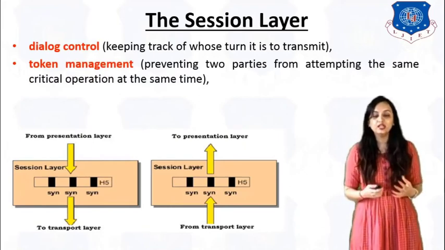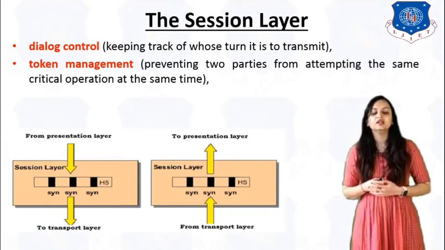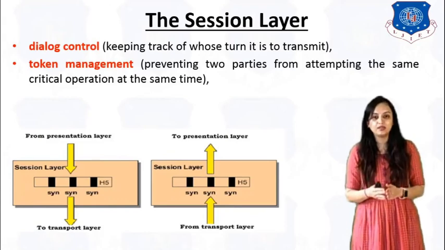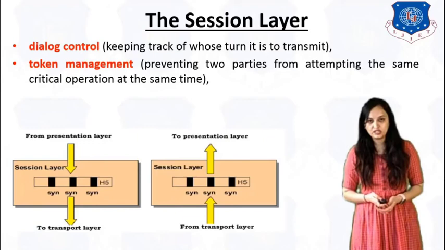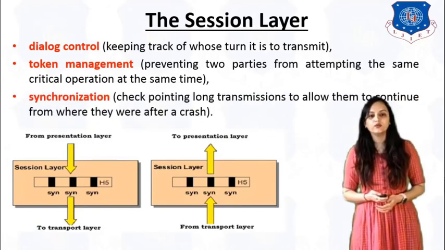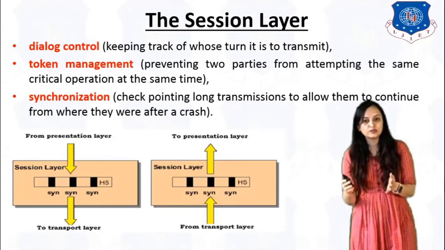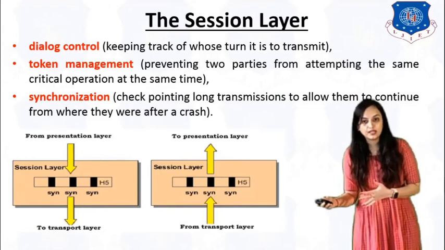That means preventing two parties from attempting the same critical operation at the same time. If some packets try to transmit the data at the same time, then a collision will occur. So to avoid that, token management is used. And the third one over here is synchronization. That means checkpointing long transmissions to allow them to continue from where they were after a crash.